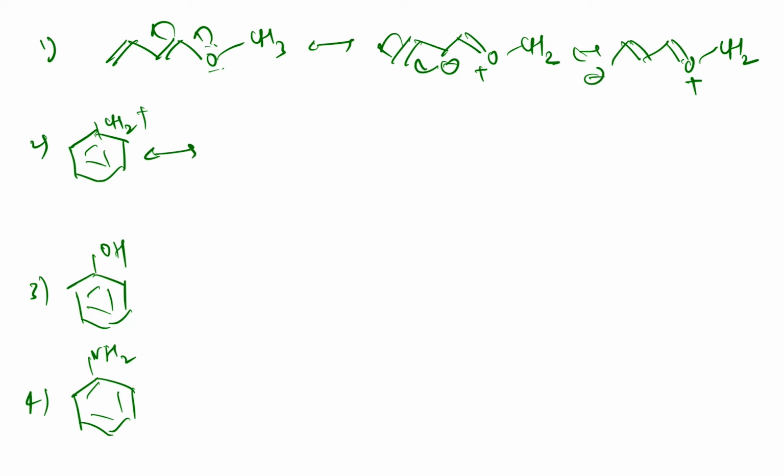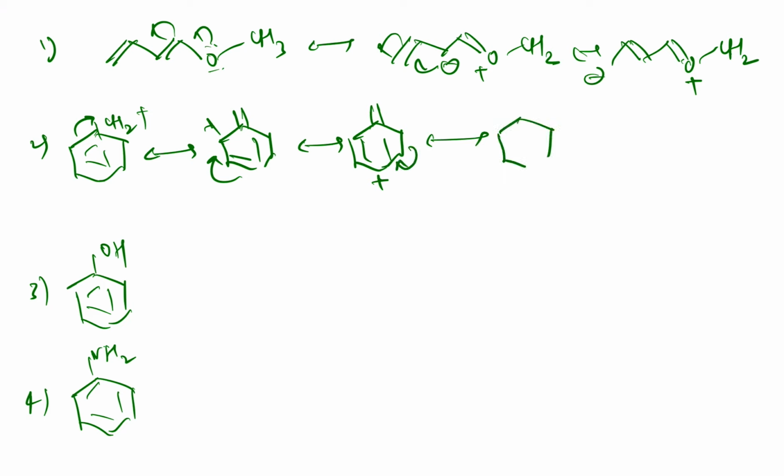Now here also it will go on this side, positive. It will go on this side, positive. It will go on this side, positive. It will go on this side, positive.